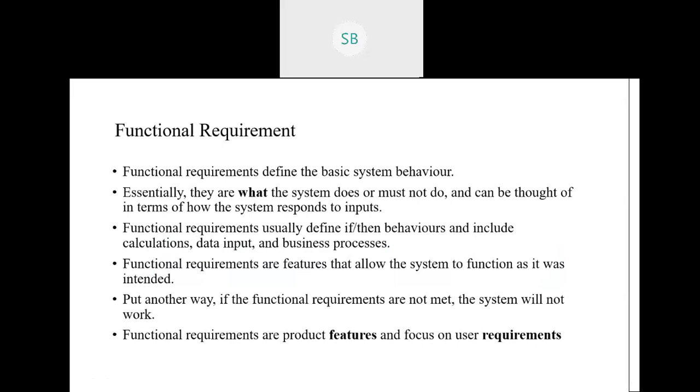The basic requirements are known as the functional requirements. If these features are not there, the system will not work. So functional requirements are product features and they focus on the user requirements. You should always remember, it is related to system behavior, and also it is based on the user's requirement.